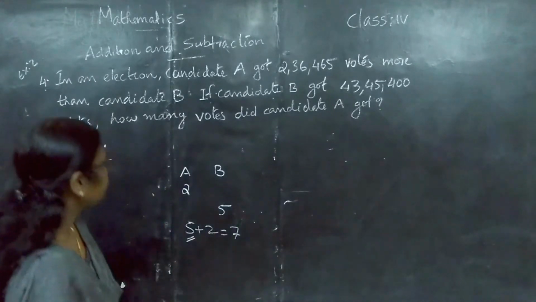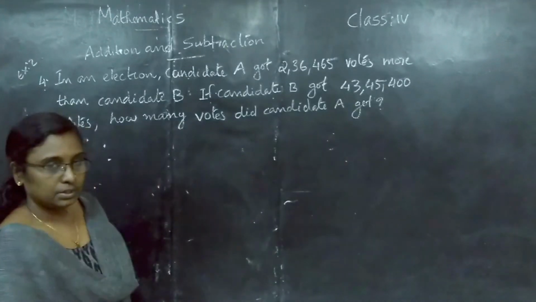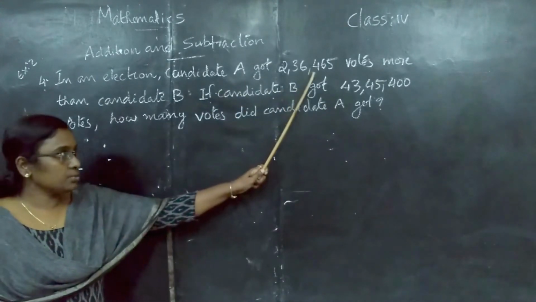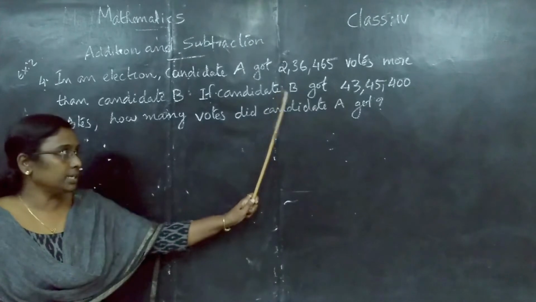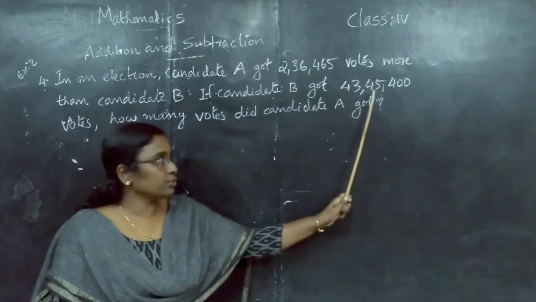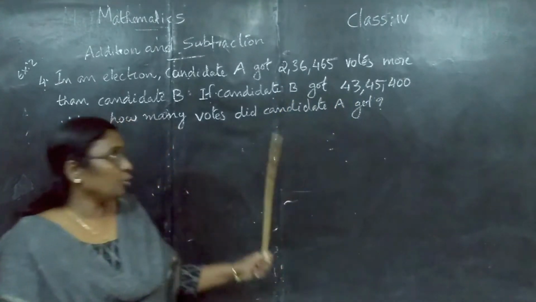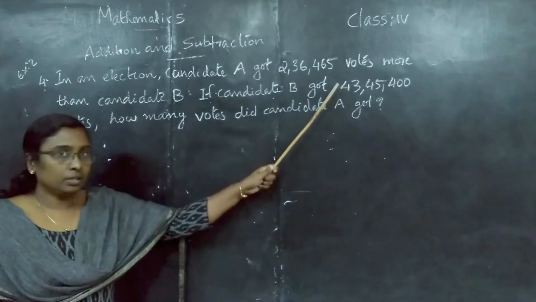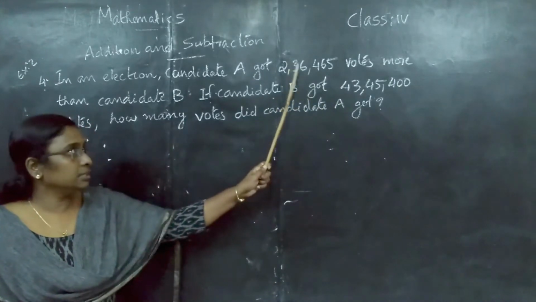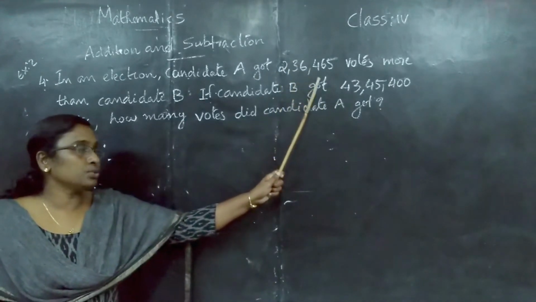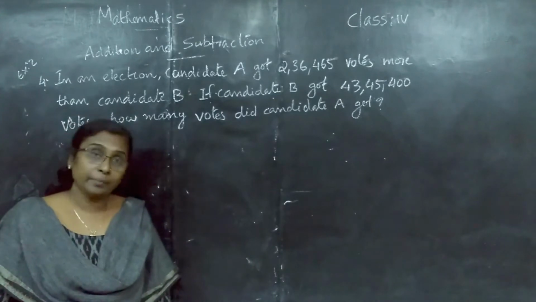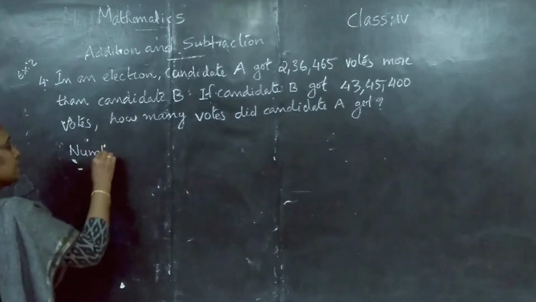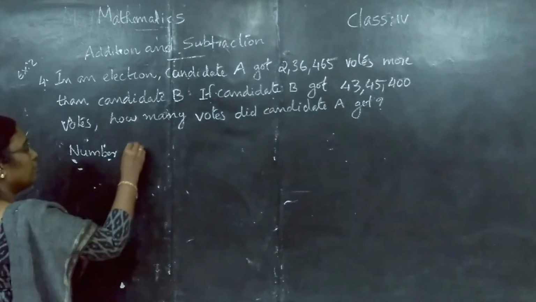Here also, A got this much votes more than B, isn't it? B got 43,45,400 votes. How many votes did A get? Number of votes got by B plus this 2,36,465. So, what is the first step?